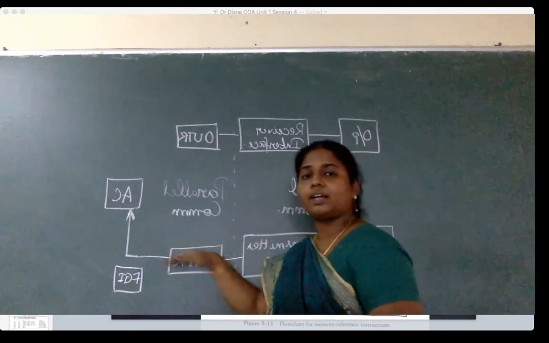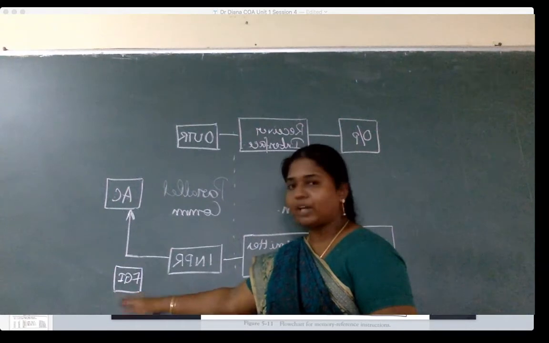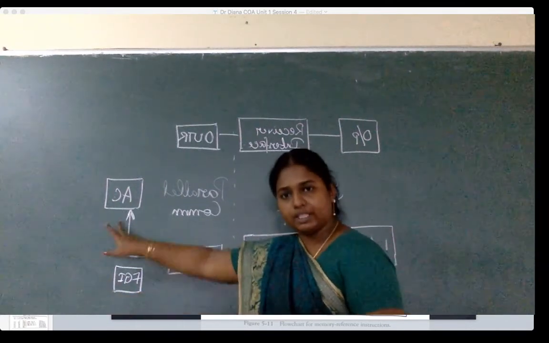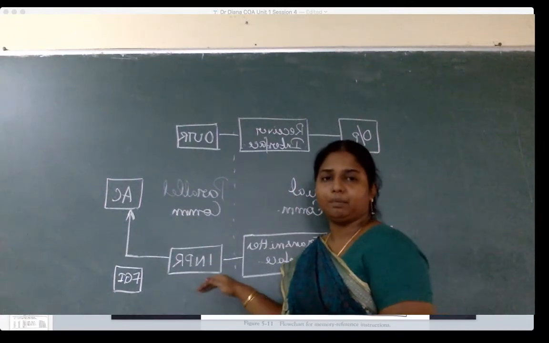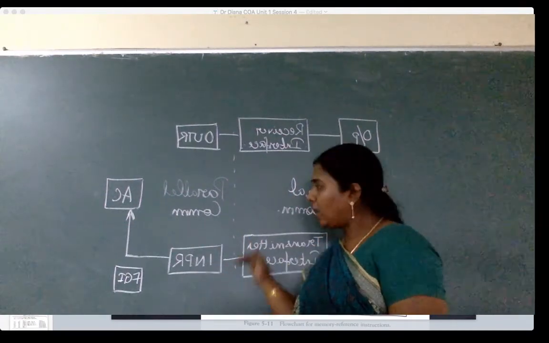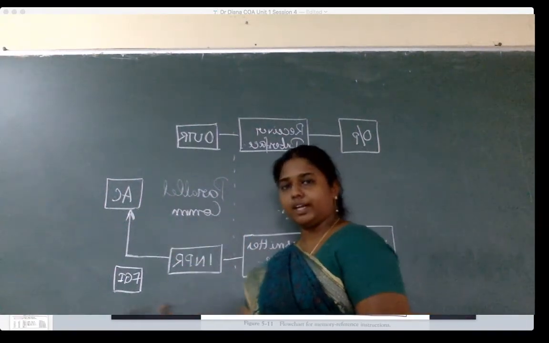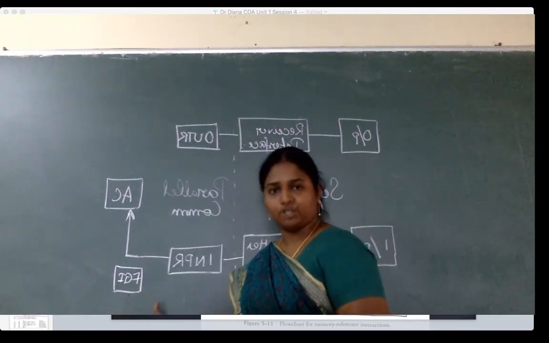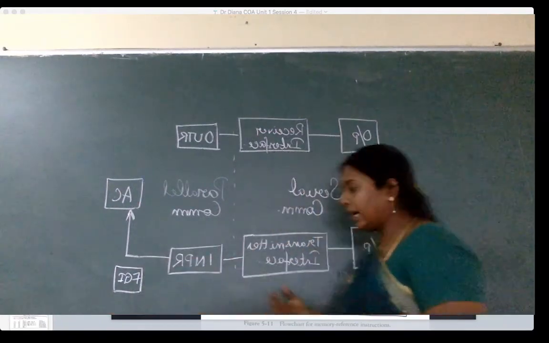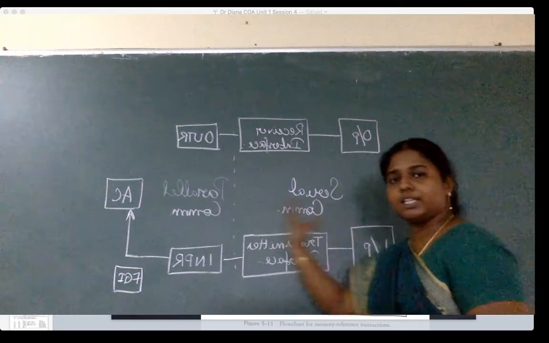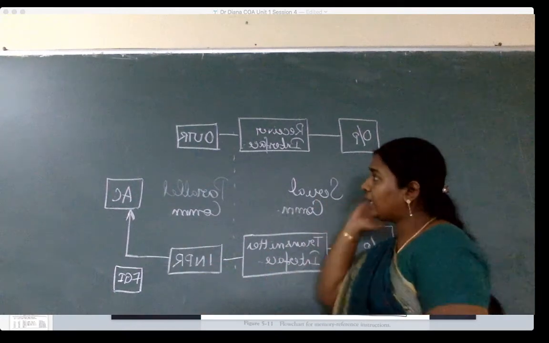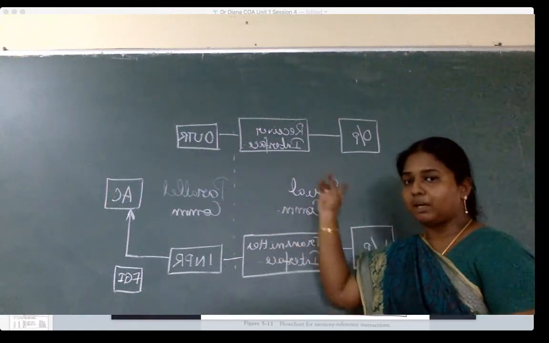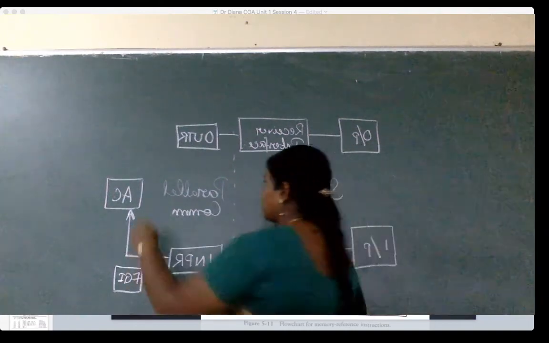Until the FGI value is set back to 0 by the accumulator, the value is going to be held in the input register. Once the accumulator receives that data and sets the FGI to 0, the interface will send the next 8 bits into the input register. Clear?